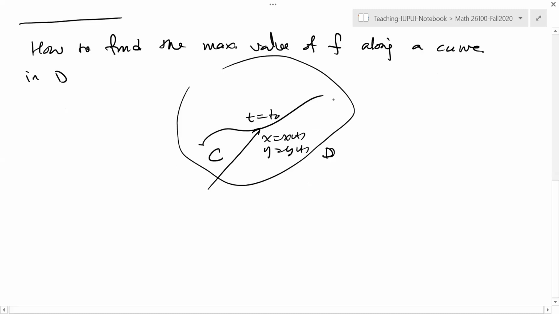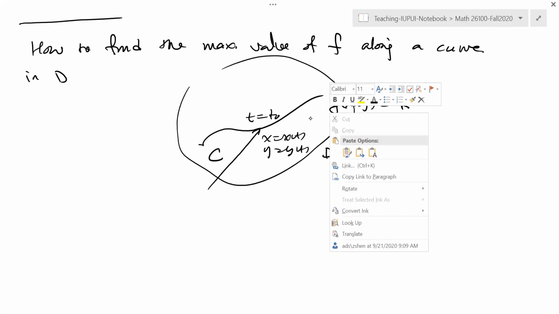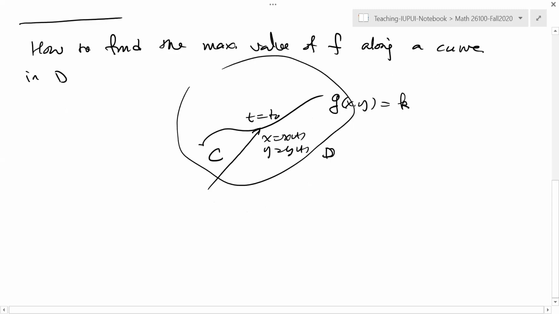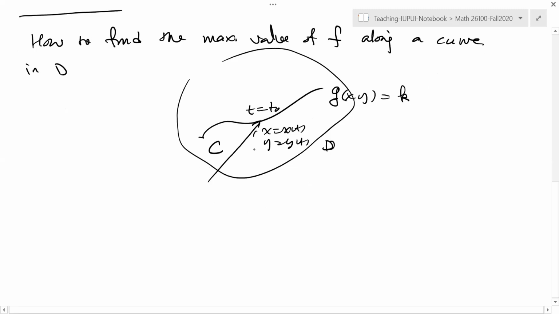So this curve can be determined by g(x, y) equals a constant, and this is a parameterization.